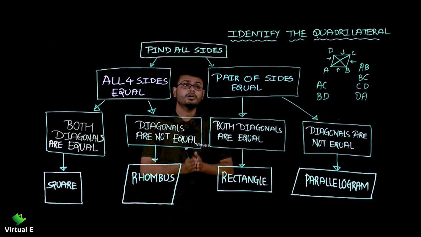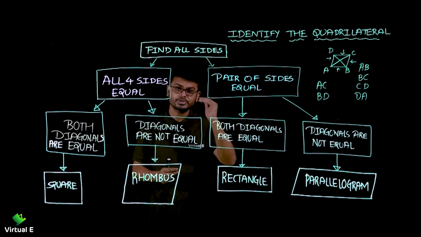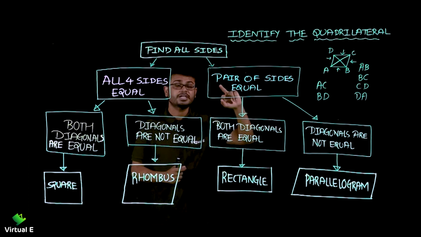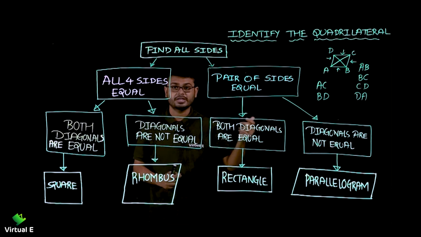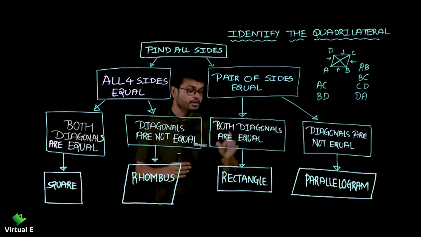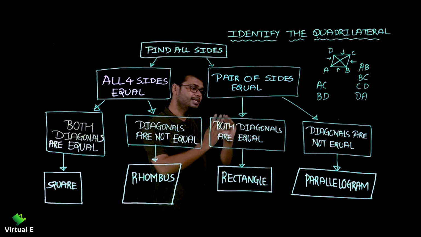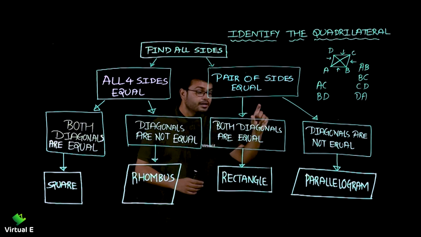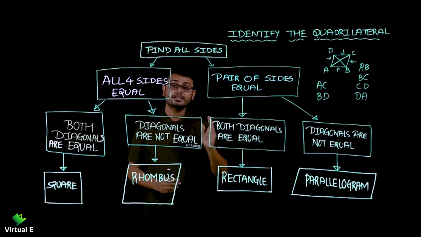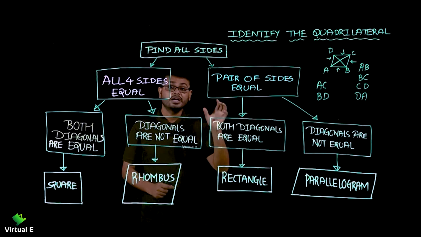Now let's talk about when pairs of sides are equal. Pairs of sides, remember, means opposite sides are equal. These 2 sides are equal and the other 2 sides are equal. In that case, again we are going to find the diagonals, and based on that situation, we are going to decide the quadrilateral. If both diagonals are equal, that quadrilateral will be a rectangle.